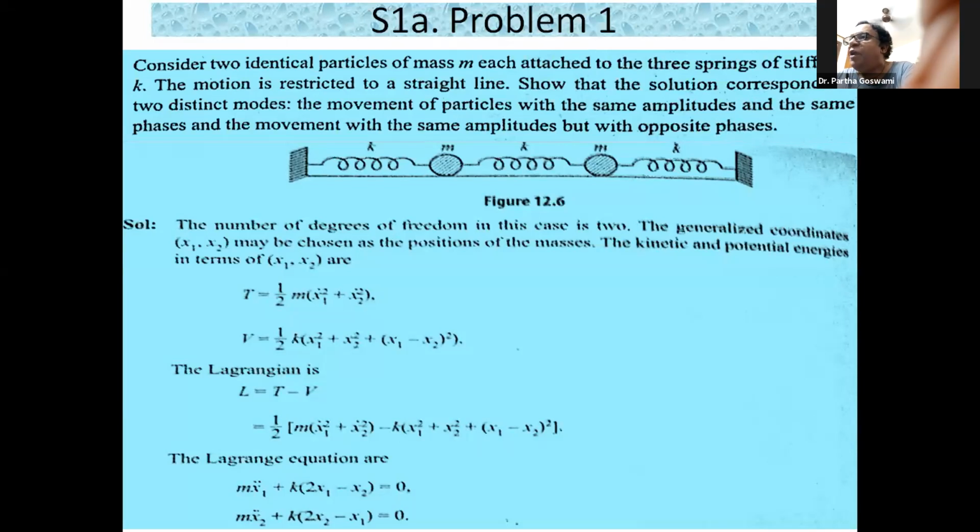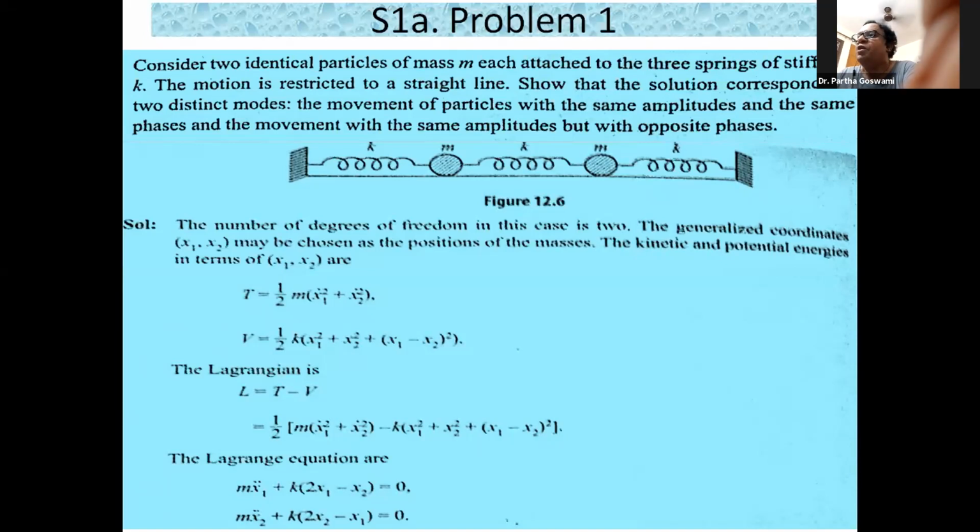Upon addition, we obtain the first equation: m (x1 double dot plus x2 double dot) plus k (x1 plus x2) equals 0. Upon subtraction, we obtain the other one: m (x1 double dot minus x2 double dot) plus 3k (x1 minus x2) equals 0. Evidently, these are equations of a harmonic oscillator.